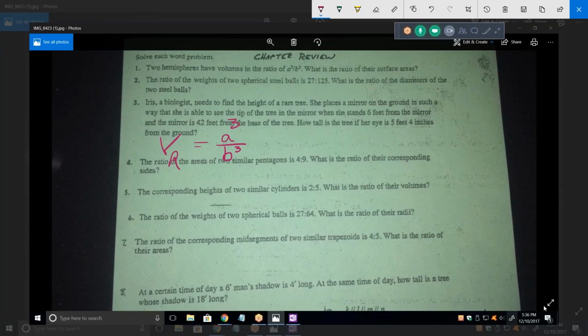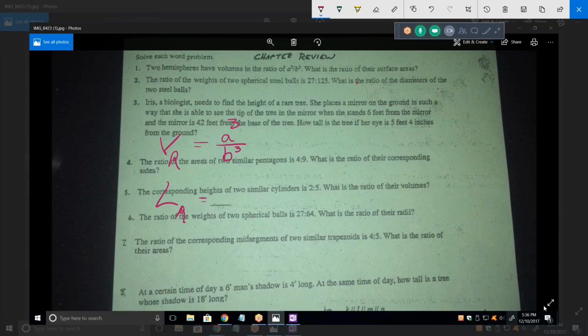Tell me what the linear ratio is. Because it's squaring it, right? Cube. For linear, you need to take the cube root to get back to linear. Okay.